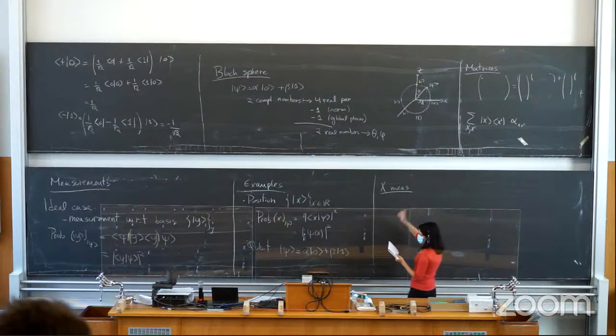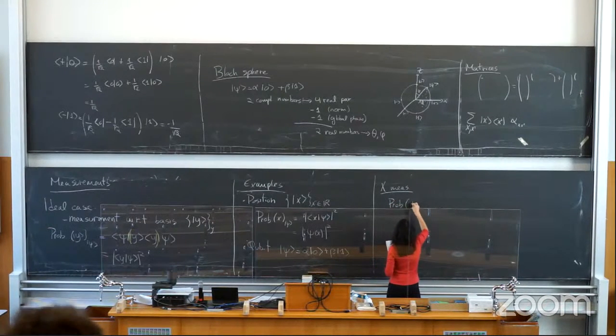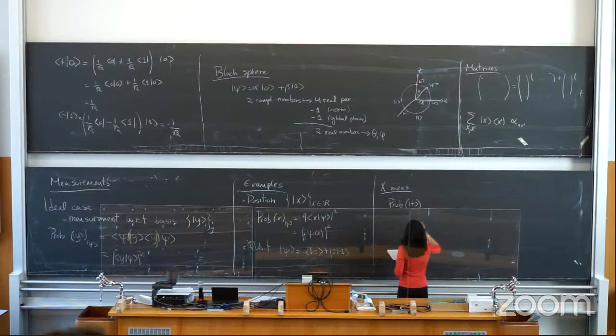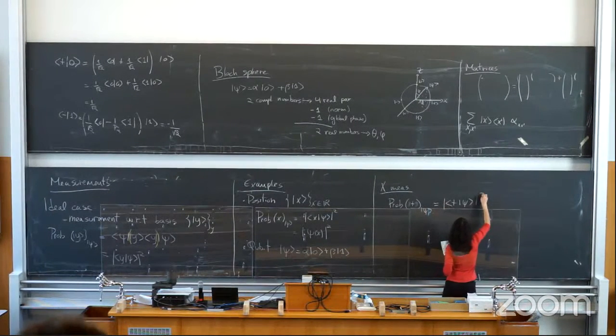But okay, if you do this, then what's the probability of getting outcome plus? And you can put the ket here or not. When I measure psi, well, this is the modulo square of the inner product of plus with psi, and that's the inner product that we spent a long time computing.